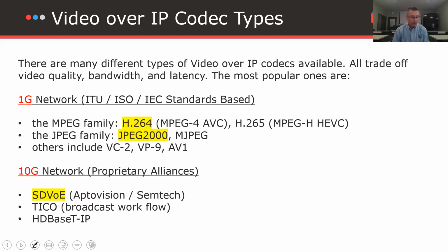And finally, we'll need something from the Alliance guys, whether that be SDVOE. You will find in the Pro AV space, SDVOE as an Alliance is the most popular one. TICO on the broadcast side is very popular, but we see a lot of SDVOE in the Pro AV space. I'll take a minute and go through each of those so we better understand why I've chosen these and why it makes sense.